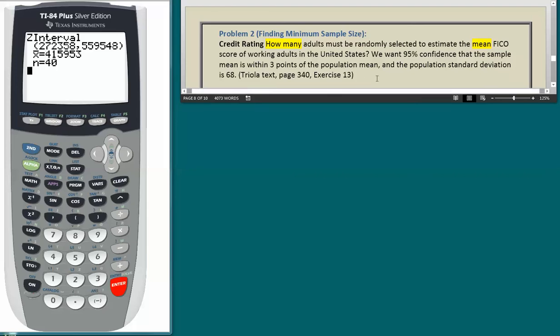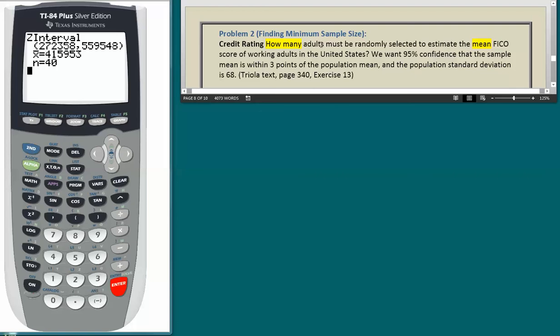And this problem doesn't say that. This problem asks a question that says, how many? So when you're in Chapter 7 and you see a question that says, how many, that means it is a minimum sample size question. And it's very important that you keep those two things straight.